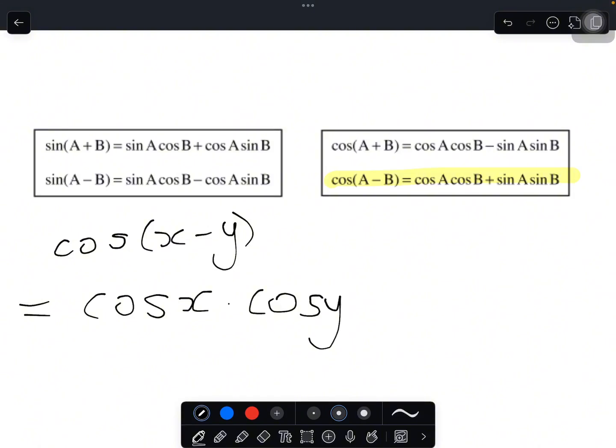Now, if you look here, we have this minus right here, and this minus becomes a plus. And that's important. So, since we have minus in this question, it's now going to become plus sine x times sine y. So, what we're doing here is just the expansion.